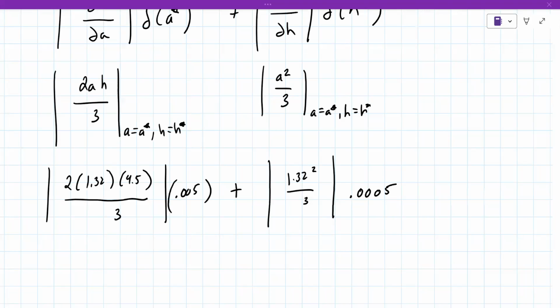And then you just put this in your calculator. There's no more work to do. In fact, your teacher doesn't even evaluate this. They just leave it like this.